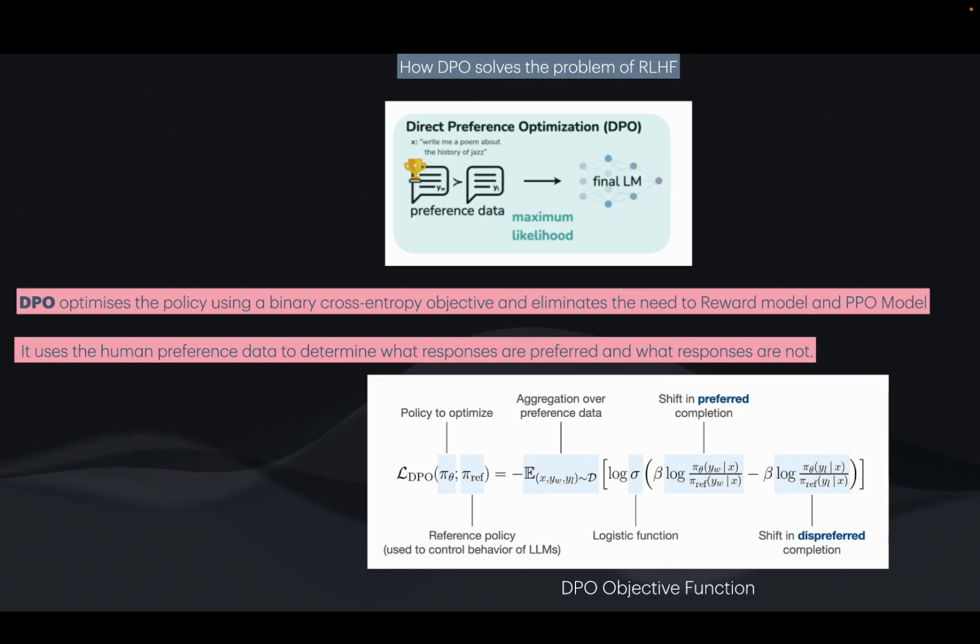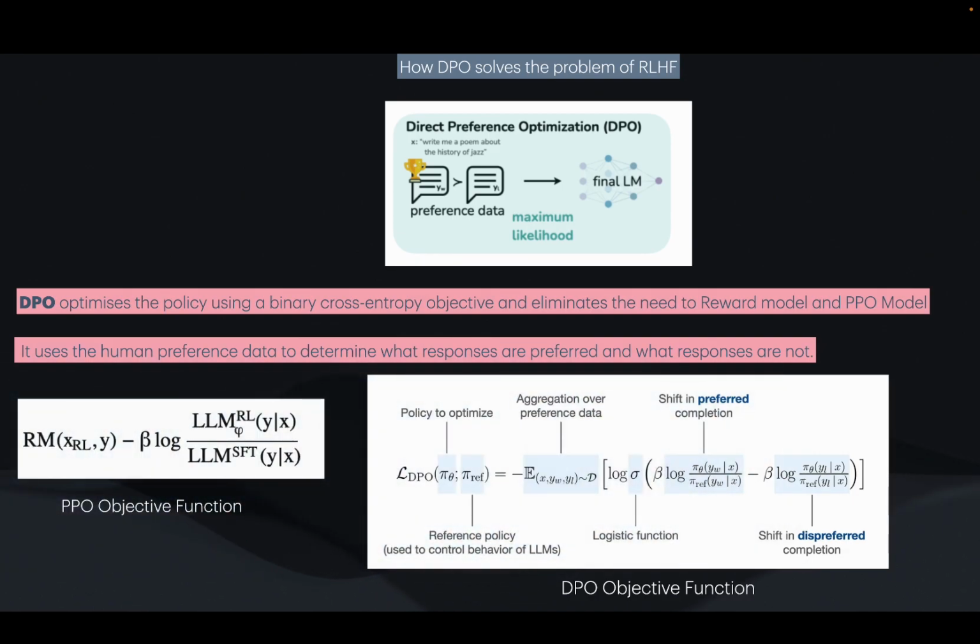Similarly, we have also measured the shift in dispreferred completion, and as you can see, first is the preferred completion, then minus the dispreferred completion, right? So we try to maximize the preferred responses and minimize the dispreferred completions, right? So this is the objective function which we use in case of DPO, or direct preference optimization.